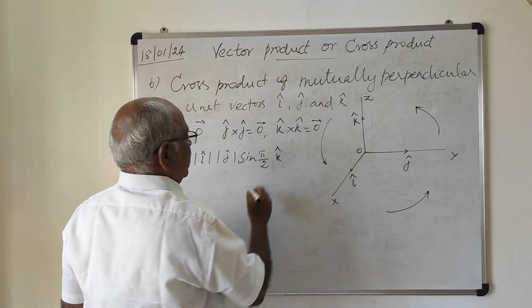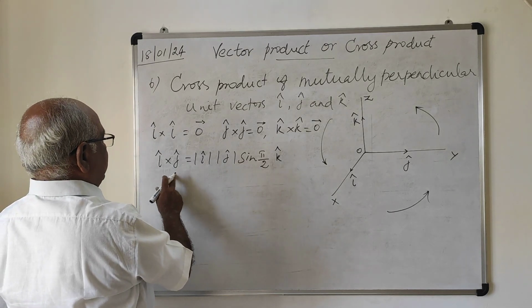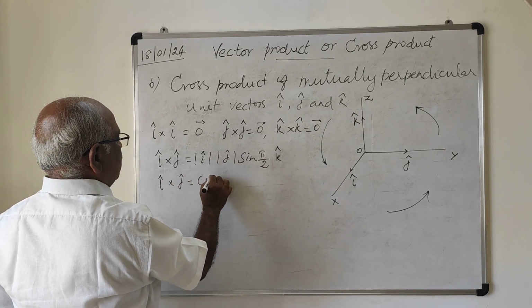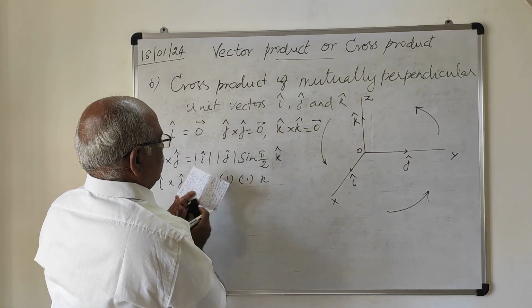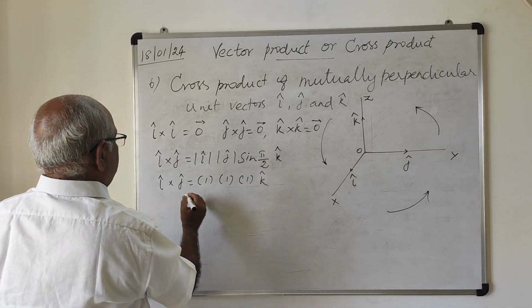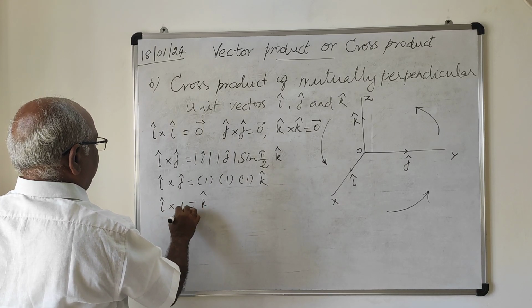Therefore, this is not n cap, this is k cap. The k vector is perpendicular to both i and j. So, i cross j is mod of i, mod of j, sin 90, k cap only you have. Sin 90 is also 1. Therefore, i cross j is k.